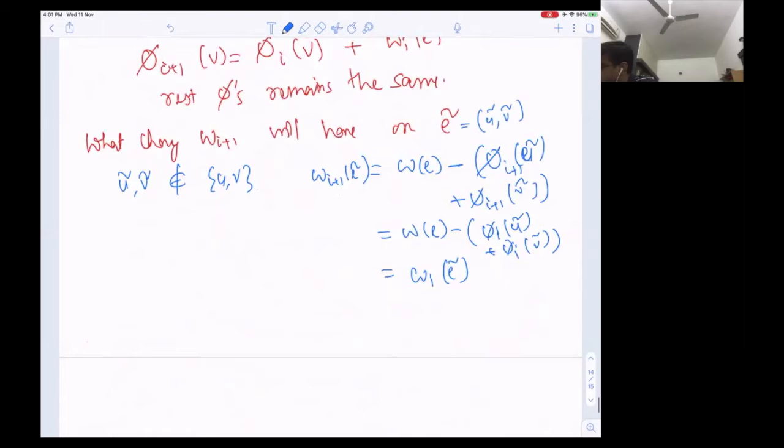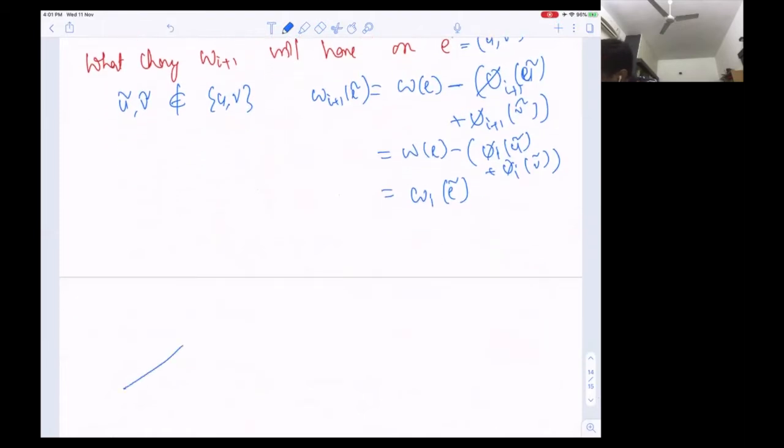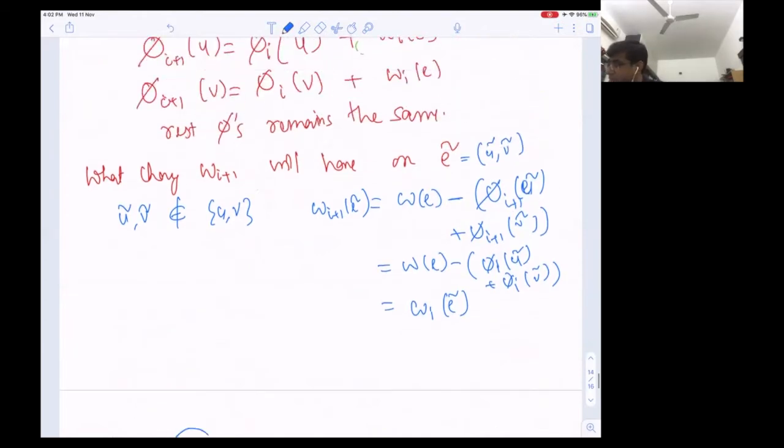But notice, if E tilde is this, and suppose one endpoint is U, what will then happen?